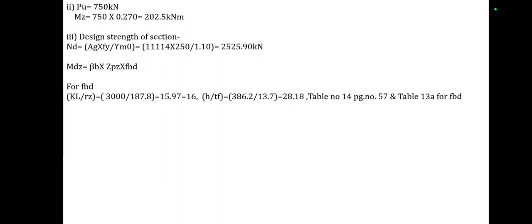Then Mdz is equal to beta b Zpz into fbd. For fbd, we have to calculate KL upon RZ, which is equal to 15.97, approximately equal to 16. H upon TF is equal to 28.18.